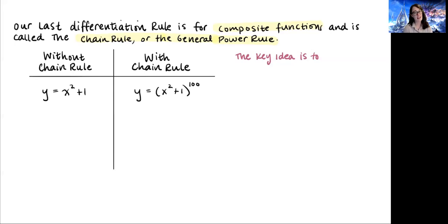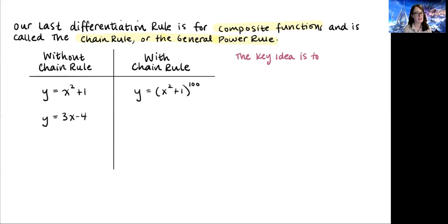Now, if this were to the second power, we know that we could expand this out by FOILing and then use our simple rules to differentiate. But no one wants to sit here, not even me, and expand all of this out to the 100th power and then find the derivative using our simple rules. So there's a much easier way to do this, and that will be with the chain rule. Here's a few more examples.